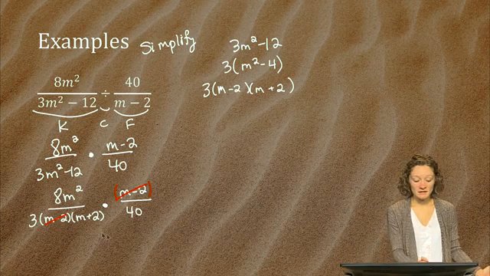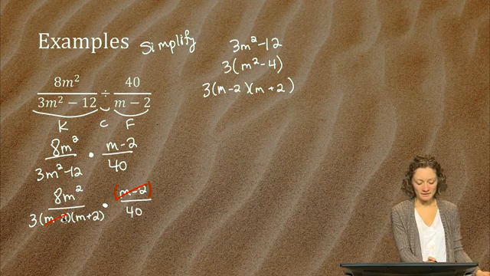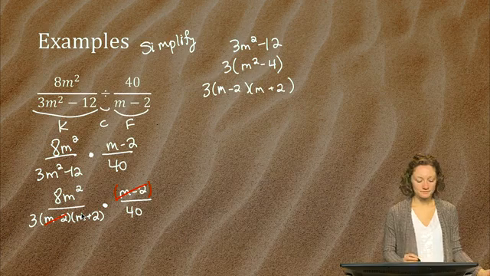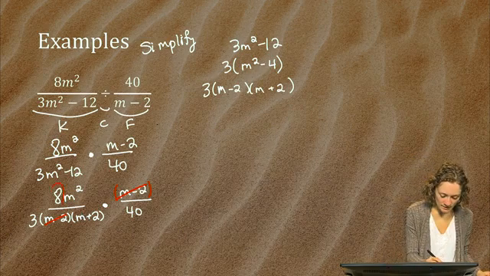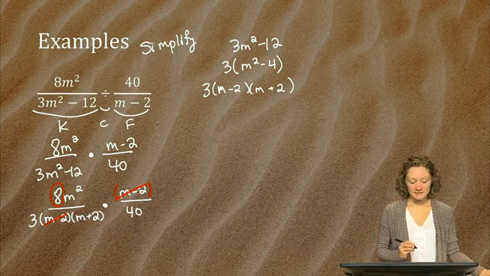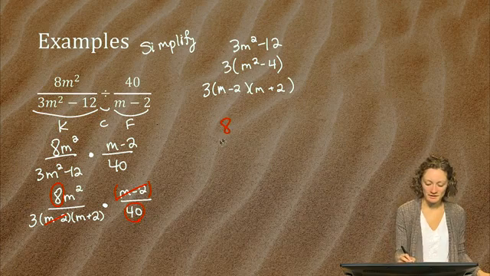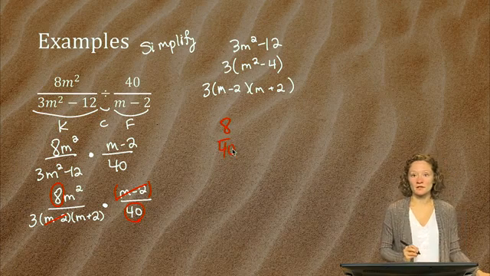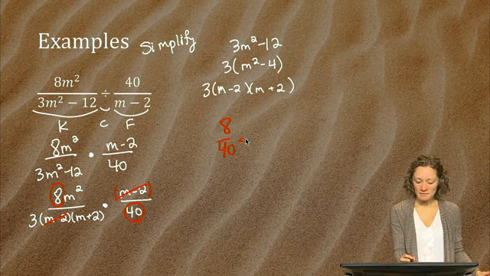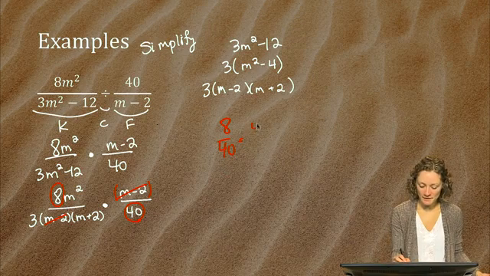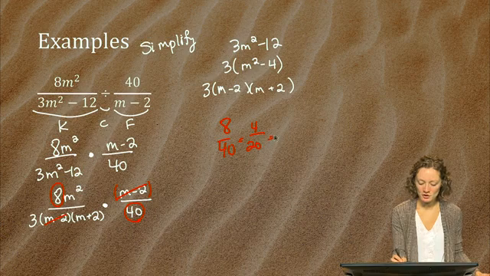Then the only stuff that's left in the numerator for me to check is an 8 and an m squared. Well, the 8, I don't see an 8 exactly in the denominator, but I can simplify with 40. If I have 8 over 40, what does this simplify to? Maybe it takes you a few steps to get there. That's okay. Cut it in half. We have 4 over 20.